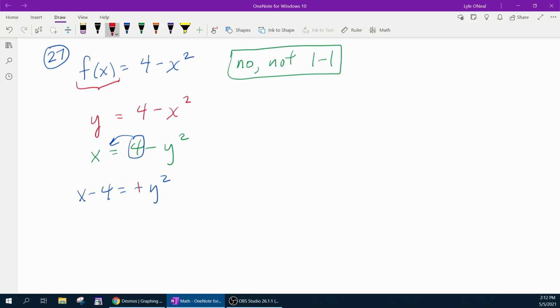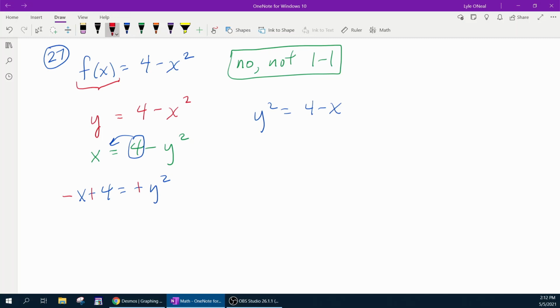That needs to be positive. But if I change the sign on one side, I've got to change the signs on the other. So now what do we have? We now have y squared equals negative x plus 4, or we could say 4 minus x.